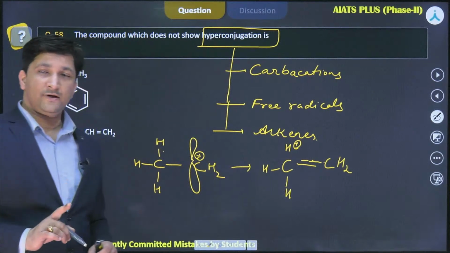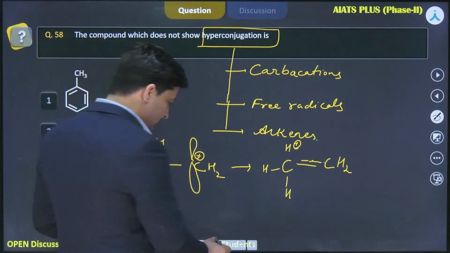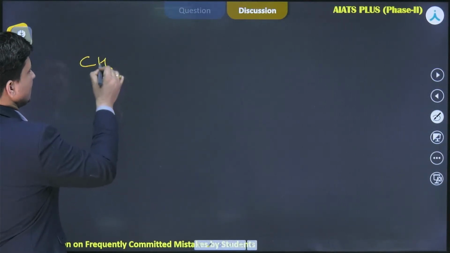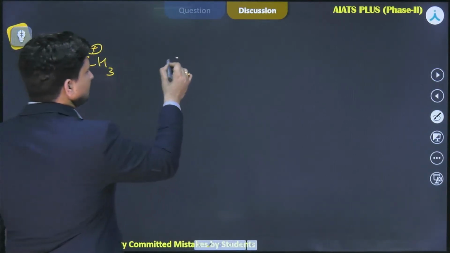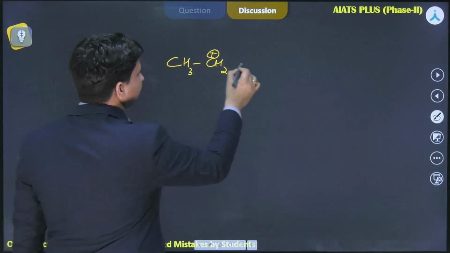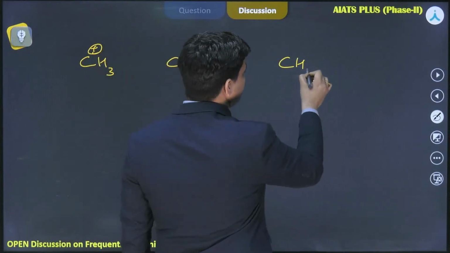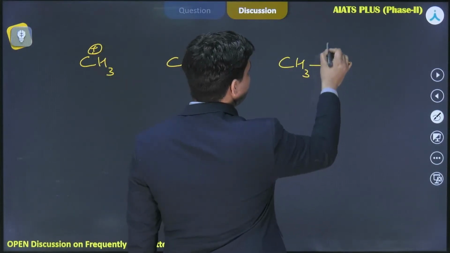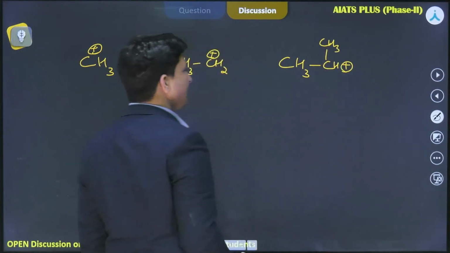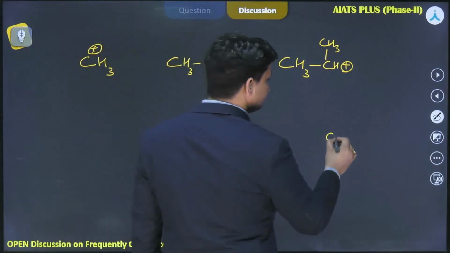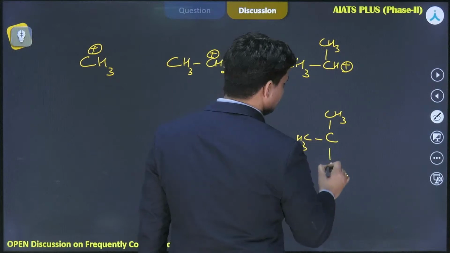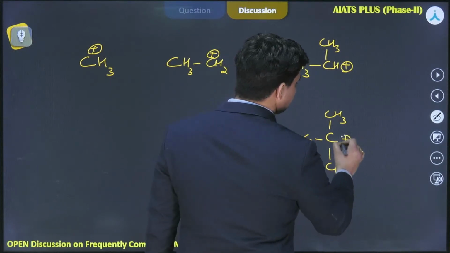Now, how can we find out? If I take various examples here, suppose we have CH3 plus carbocation, CH3 CH2 plus, then CH3 CH plus CH3, and then this one is also there.